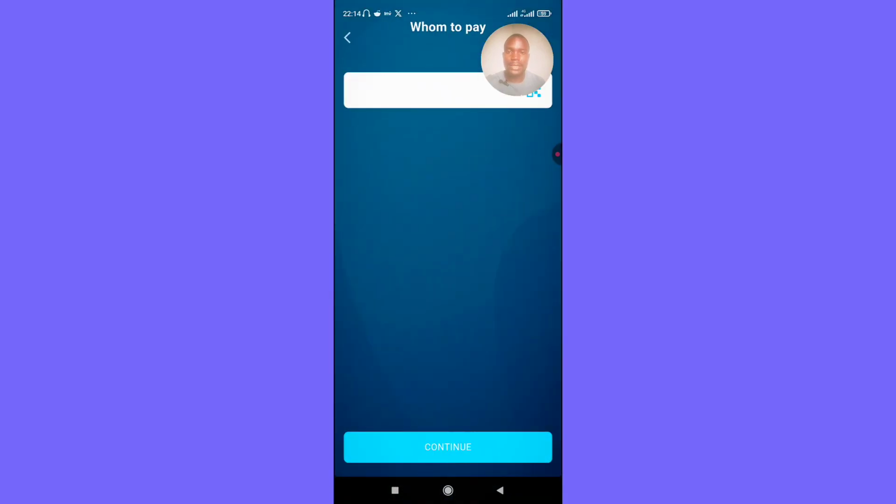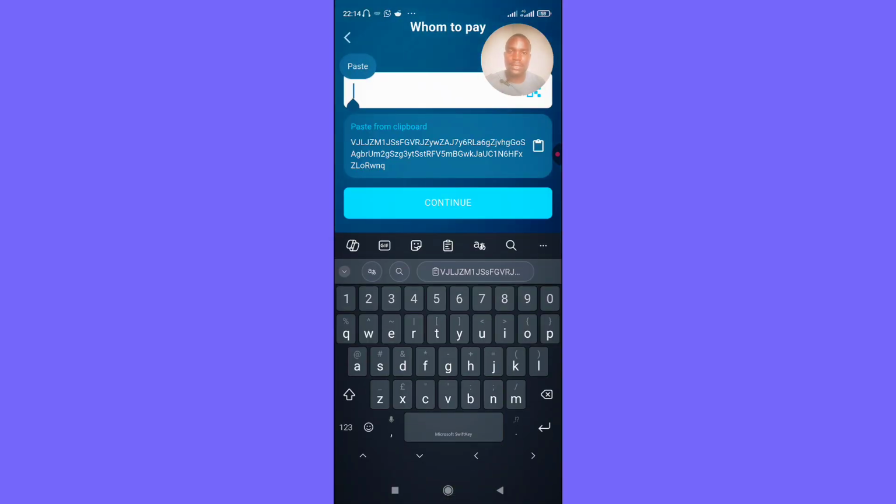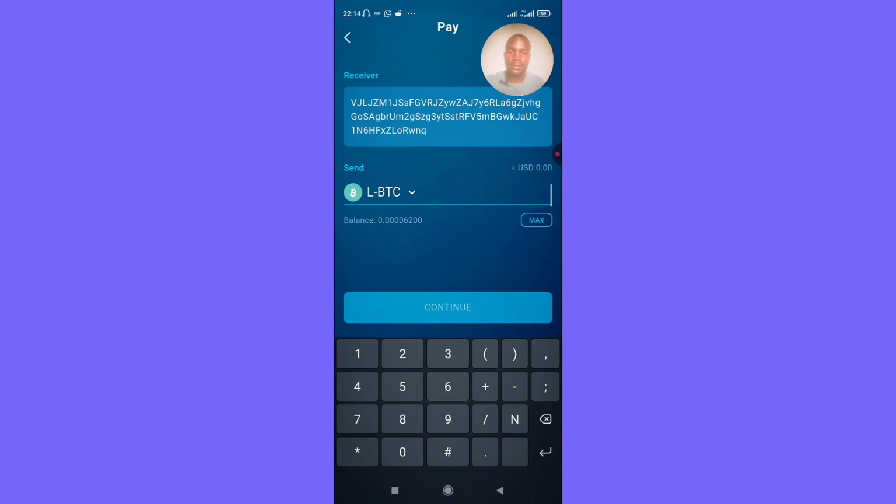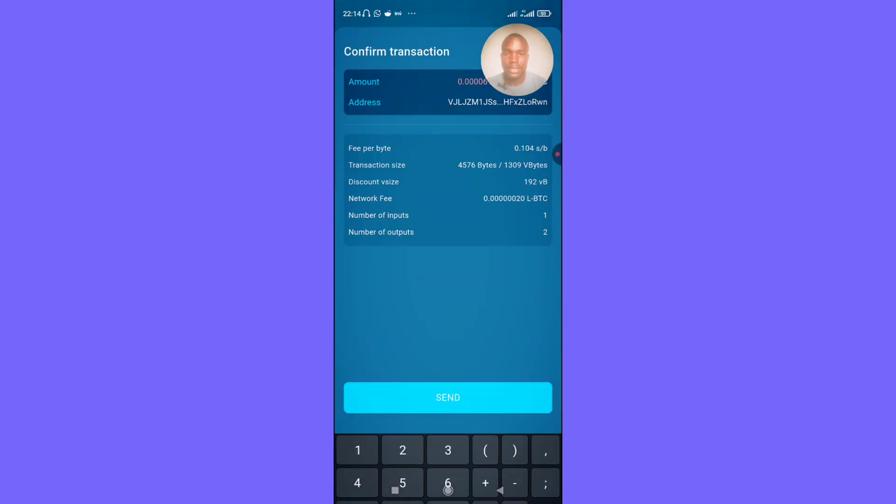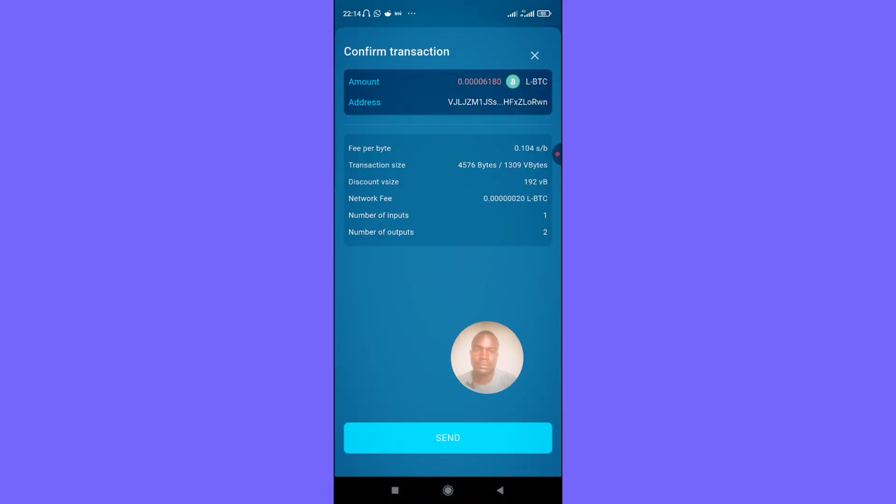So we get that liquid network address, paste it there, and then for the amount, you can use max. Let's see if we can get max. Okay, from our max, they've already taken their gas. I had 6.2, now I have 6.180. So how much am I paying here for gas? I'm paying like 20 sats. That's how you can actually get your funds out here.